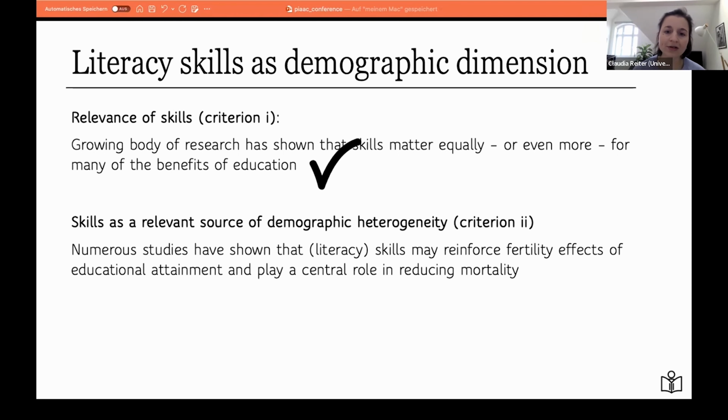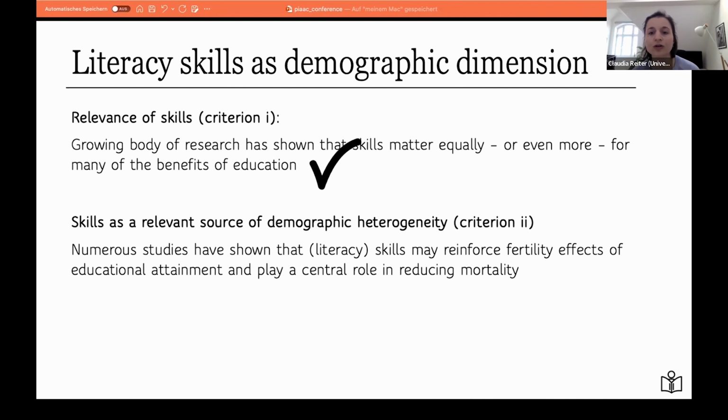While formal education has been shown to have an impact on fertility, particularly because of the networking effect, so just because you are in school, and this is particularly true for lower income countries, this already decreases your likelihood of getting pregnant very early. But of course, if you have literacy skills in particular, this also increases your access to information, your planning horizon, and so on.